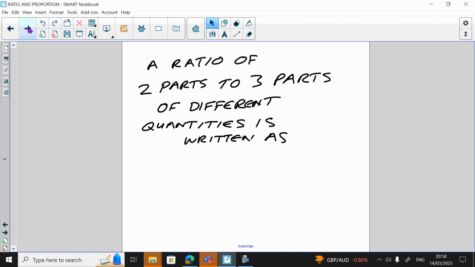So I'm just going to have a wee example here. There's a comparison of 2 parts to 3 parts, a ratio of 2 parts to 3 parts. And sometimes the way they write it is 2 to 3.